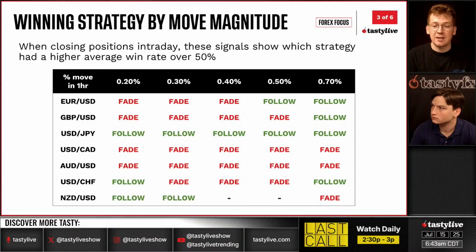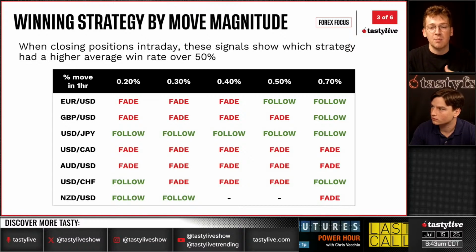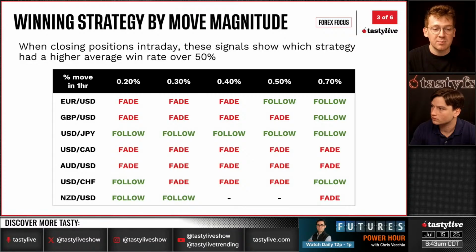But what's interesting is once you get outside that 2 standard deviation, that big move, you're seeing some of those fades across some of these major pairs turn to follows, which means that if you saw a 0.5% or 0.7% move in that euro dollar market, on average, the next hourly move actually continued in that direction.